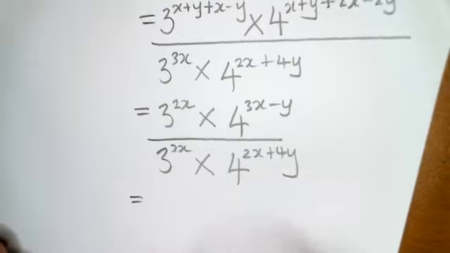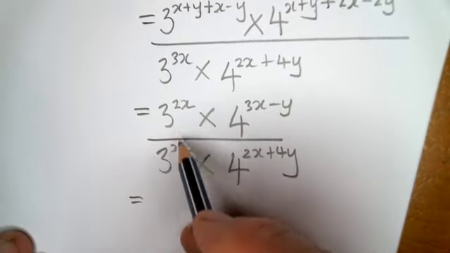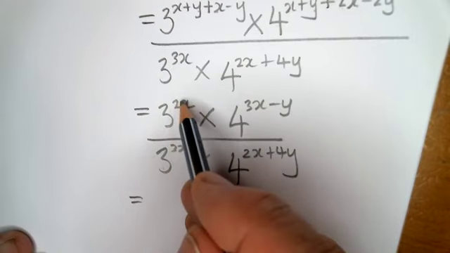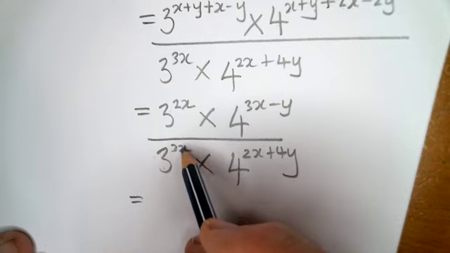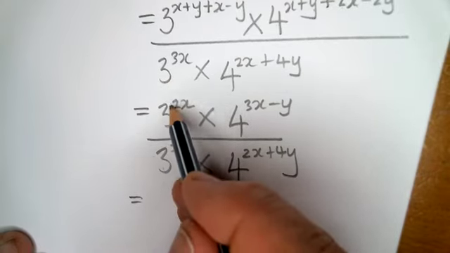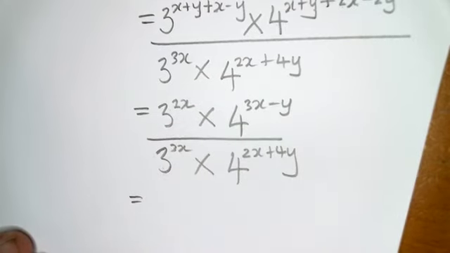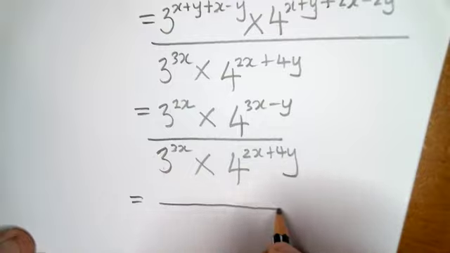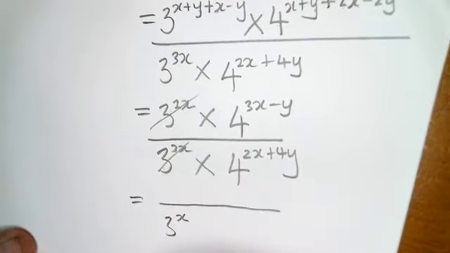All right. Now same base, I'm just going to subtract these powers. Well, 2x minus 3x is just negative x. So I could write this as 3 to the negative x, or I just put 3 to the x on the bottom. So this here becomes 3 to the power of x.